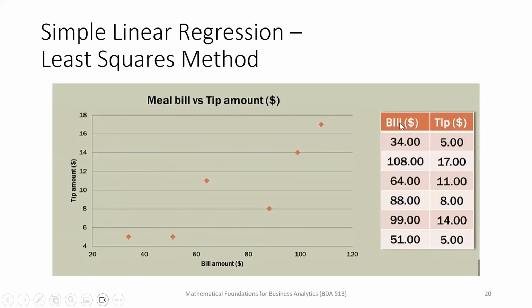So in a natural sense, the tip amount is your dependent variable. It depends upon the bill that was spent. So your X basically is your bill, and then your Y is your tip amount. So normally your X is your independent variable, and then your Y is your dependent variable.